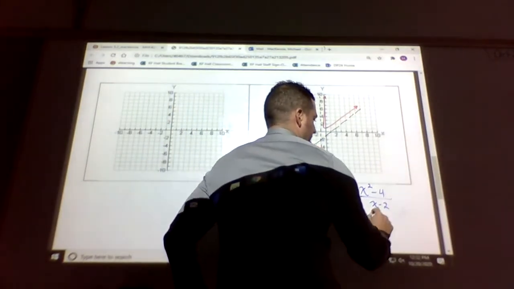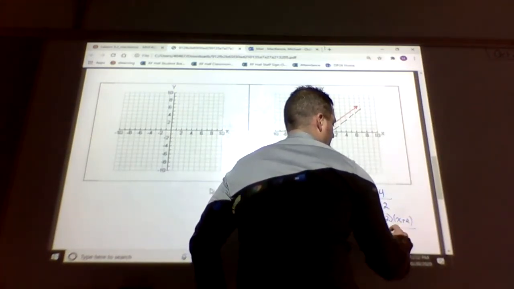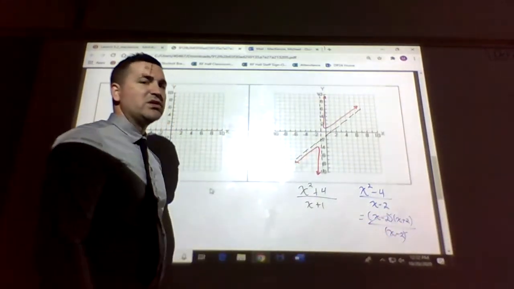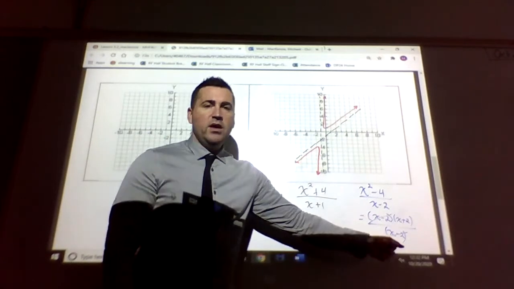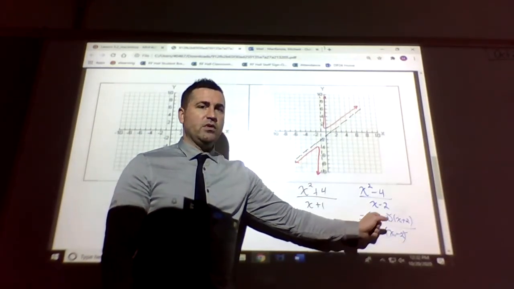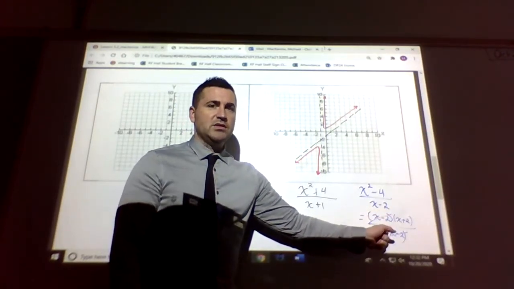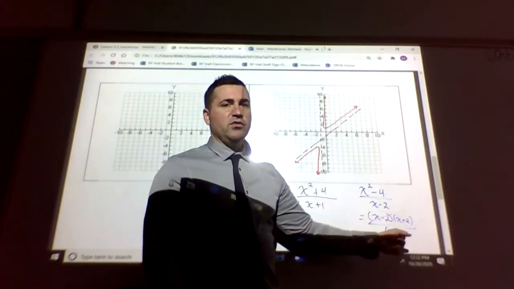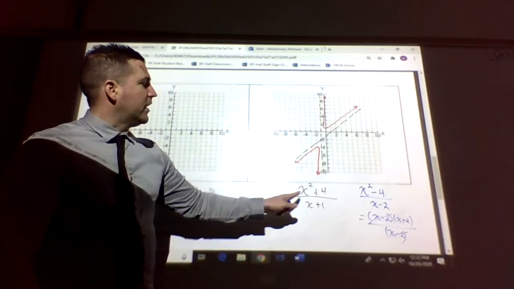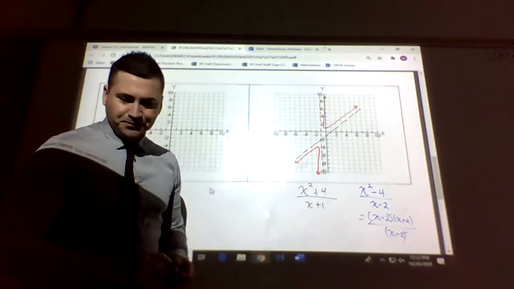When we factored it, x minus 2, x plus 2, all over x minus 2, since we could cross off, this one is not going to have an oblique asymptote. This one has a hole. We could plug in a 2 into both of these. This one we cannot factor. The degree is 1 higher than this, so this one's going to have an oblique asymptote.